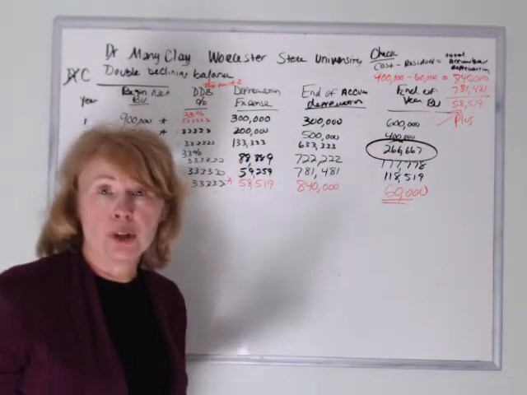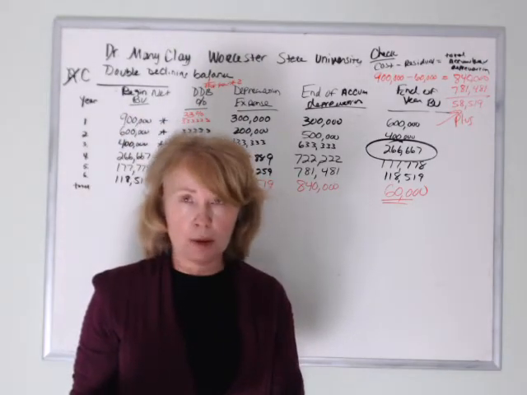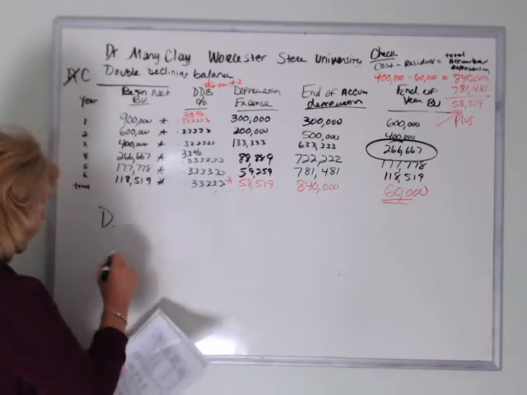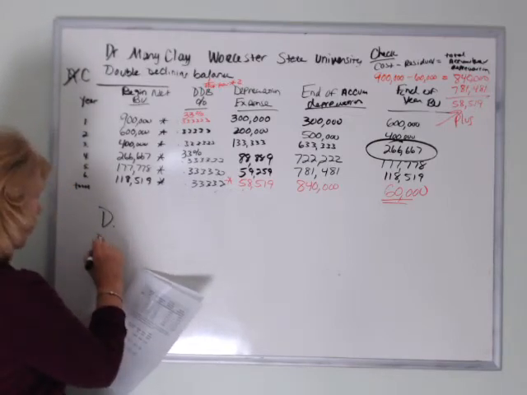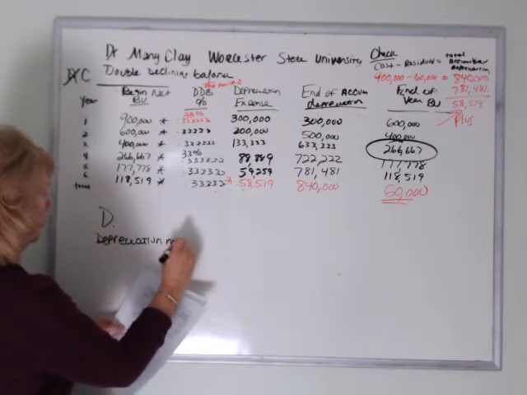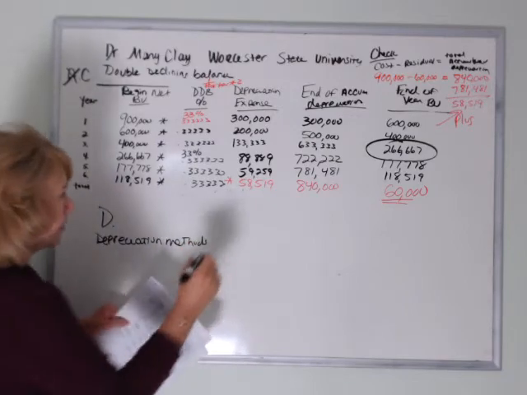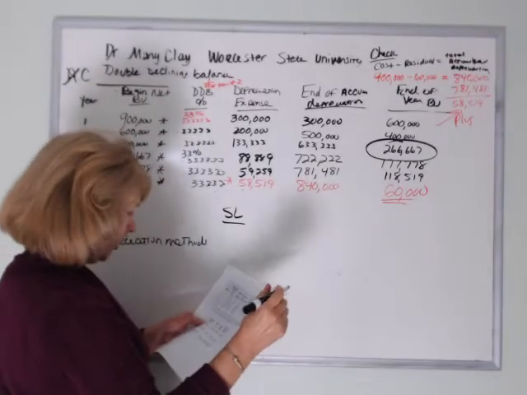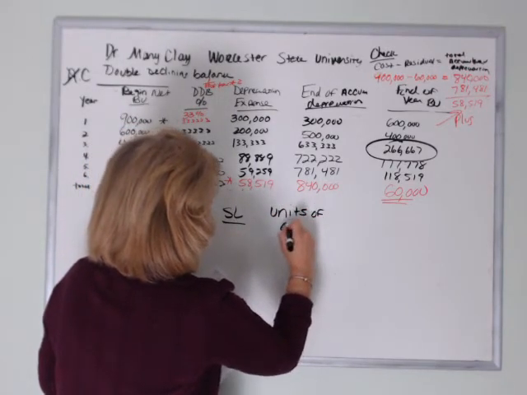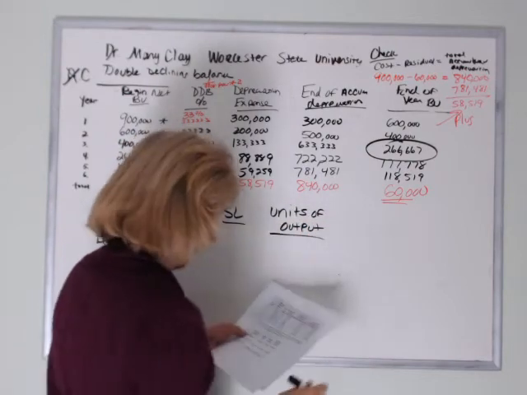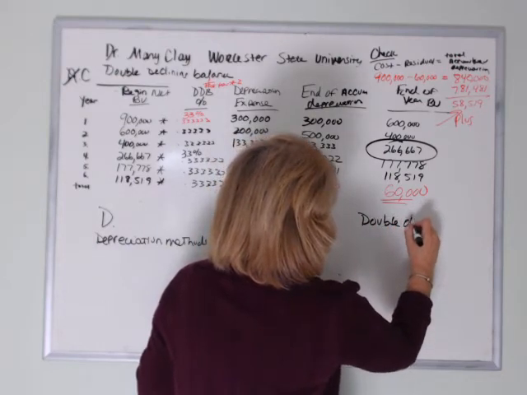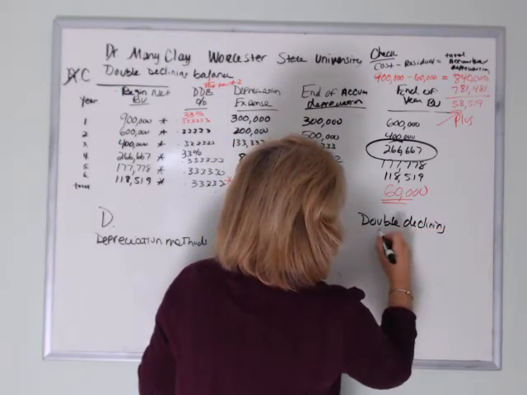Here's the book value on year 3 for double declining. We've got depreciation methods: straight line, units of output, and double declining balance.